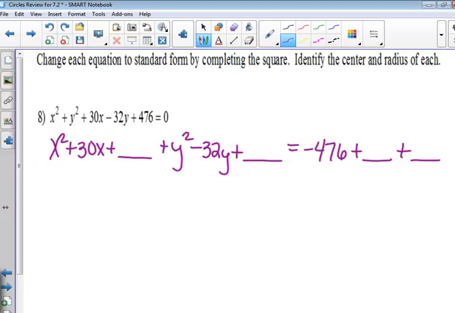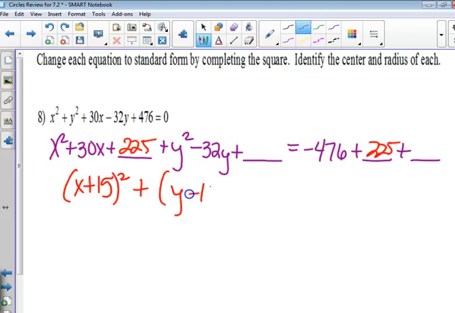I think so. Anyway, okay, guys, what did you get here? 15 and 225. Everybody okay on that one? And what did you have back here? Minus 16 and 256 equals, is it 5?